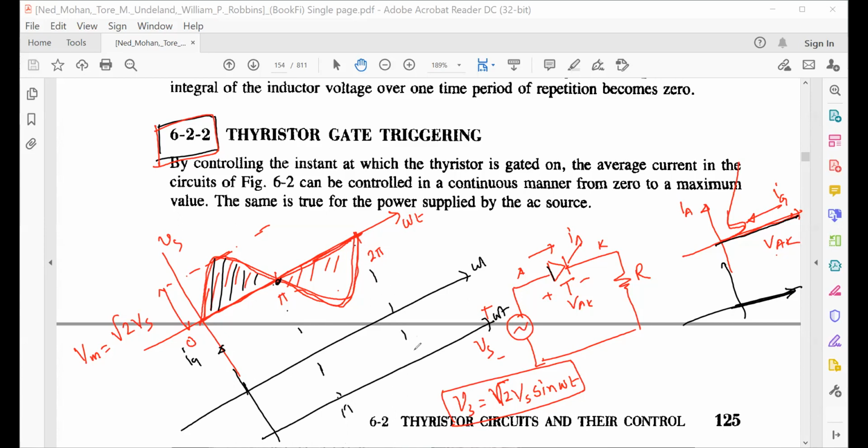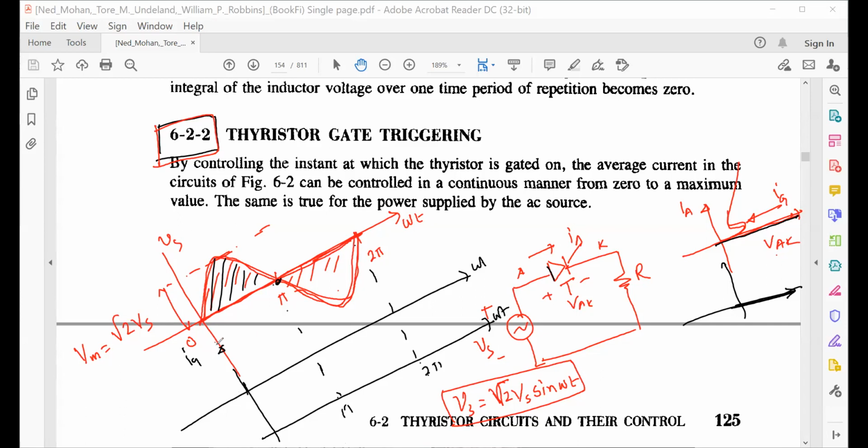What should be the output voltage? Sumaitha, tell me, what is the output voltage? I have not applied any gate pulse.